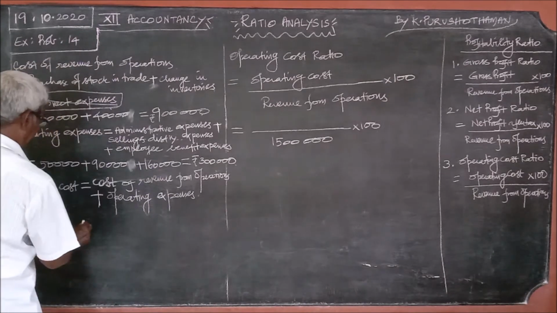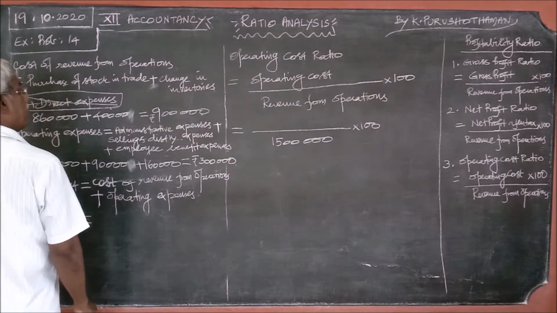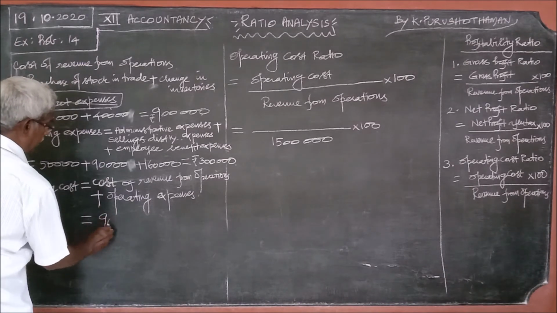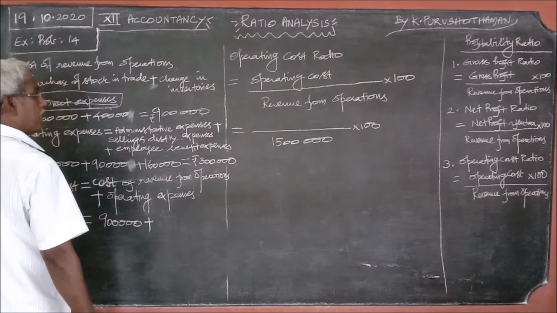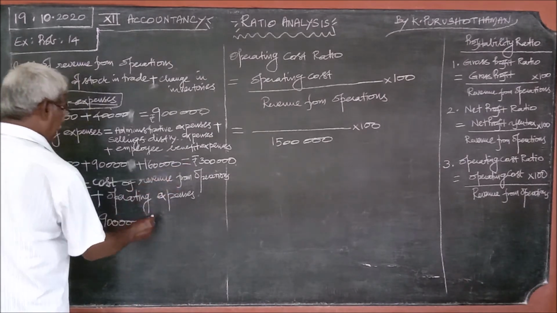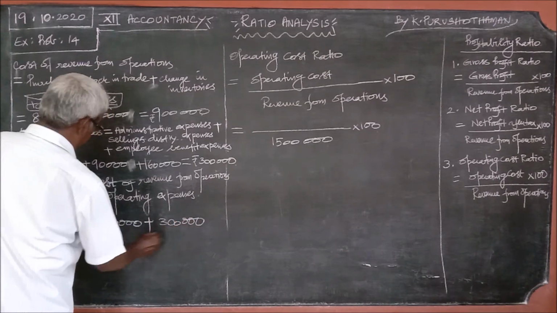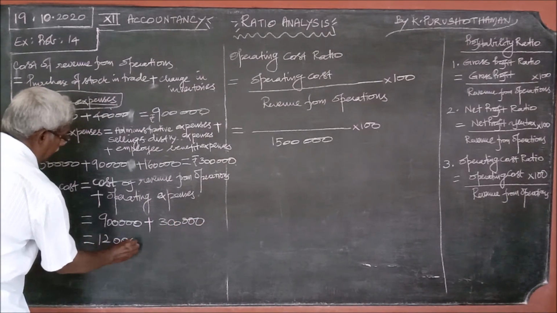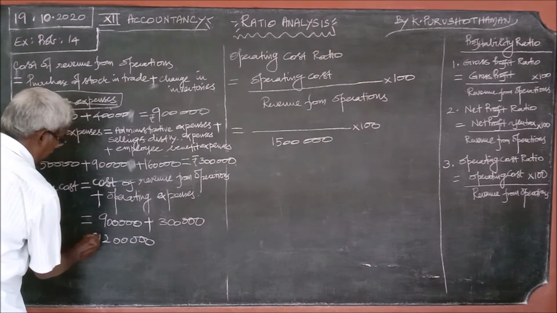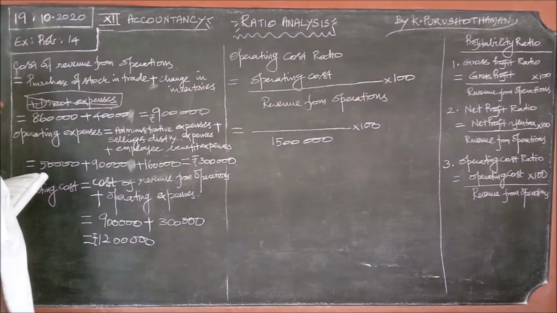Now, we can come to the point. What is cost of revenue from operations? Cost of revenue from operations is 9 lakhs, plus operating expenses, which we calculated now as 3 lakhs. This is equal to 12 lakhs.